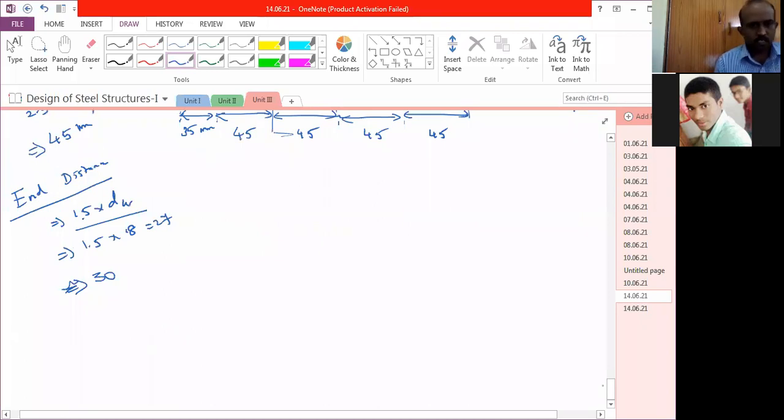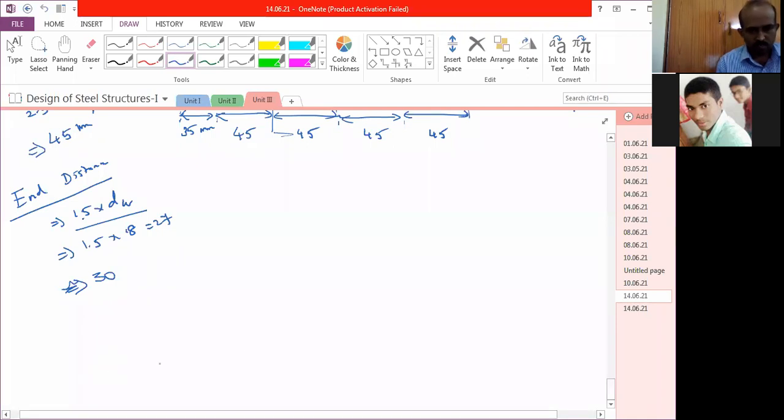We have to check yielding capacity, rupture capacity, and block shear capacity. It must become greater than 120 kilonewton, which means our design is safe. If any value is lesser than 120 kilonewton, then you have to redesign the member according to the requirement.